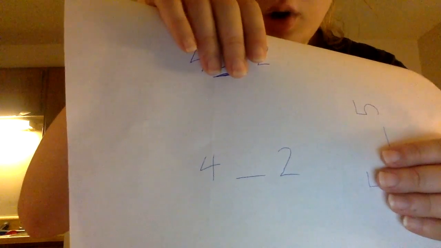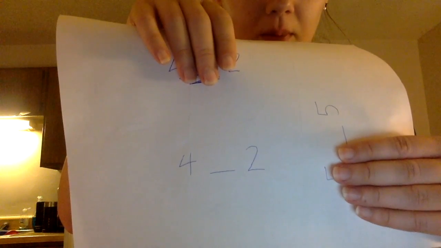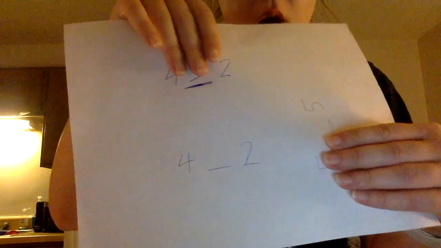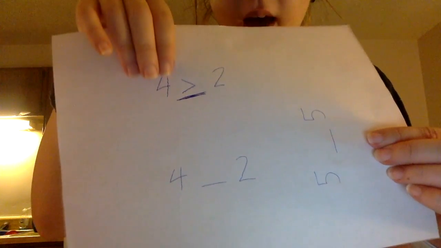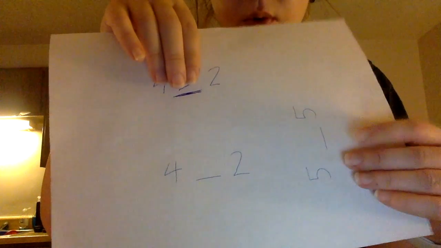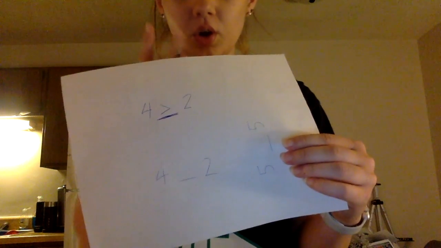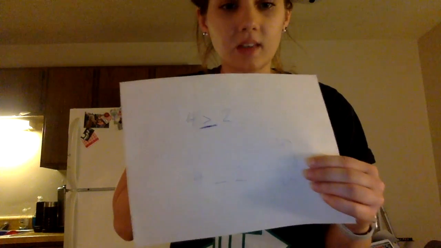So next, we have 4 and 2 again. So now, using these same numbers, if I wanted to show that 2 is less than 4, we're going to put the less than symbol. So we already figured out that 4 is more than 2 by counting. So we go again, 1, 2. 2 comes first, so that means that 2 is less than 4.